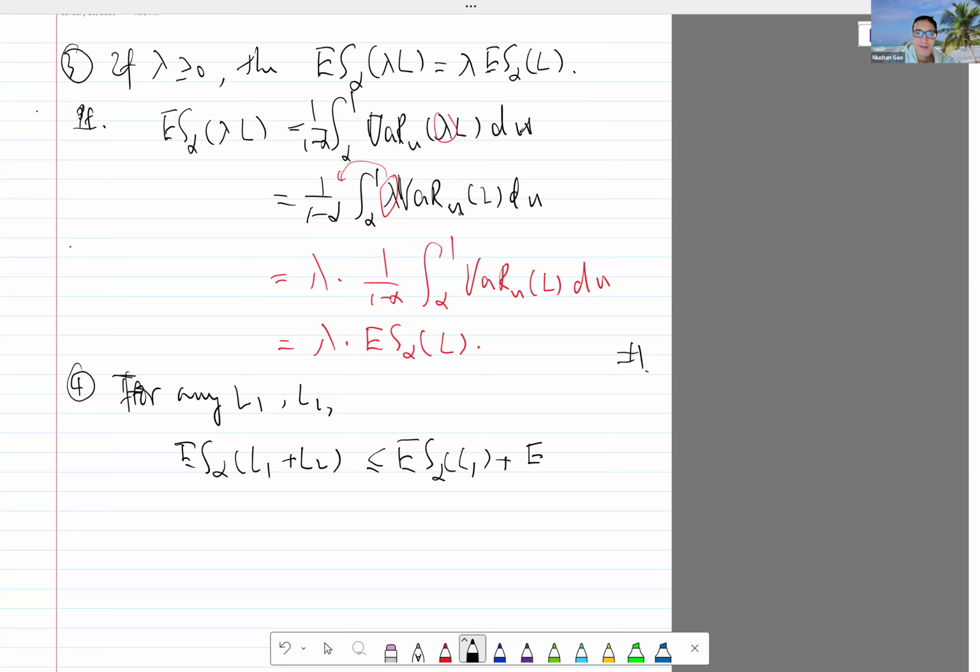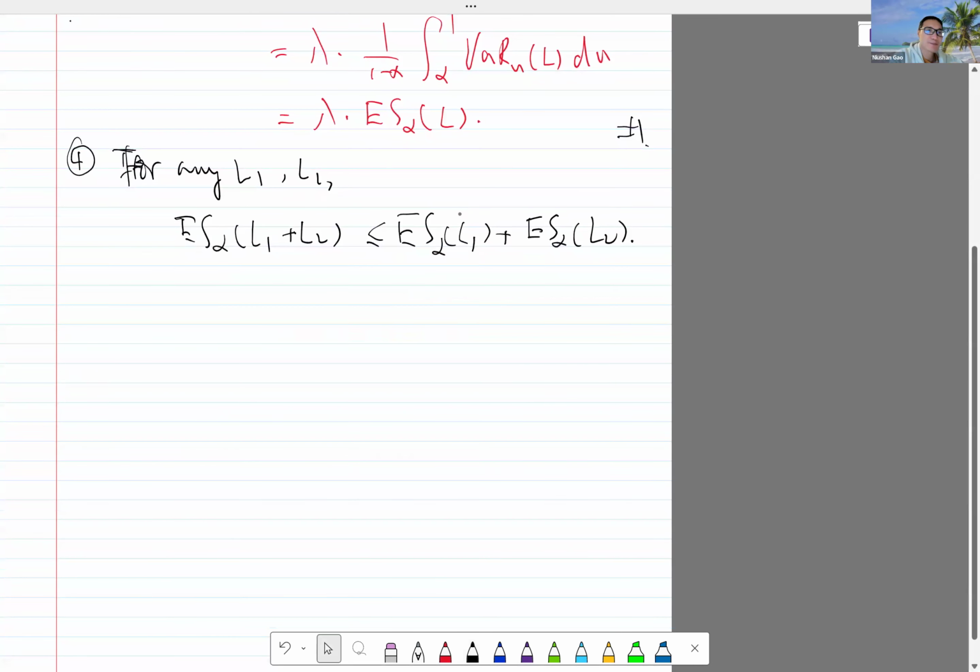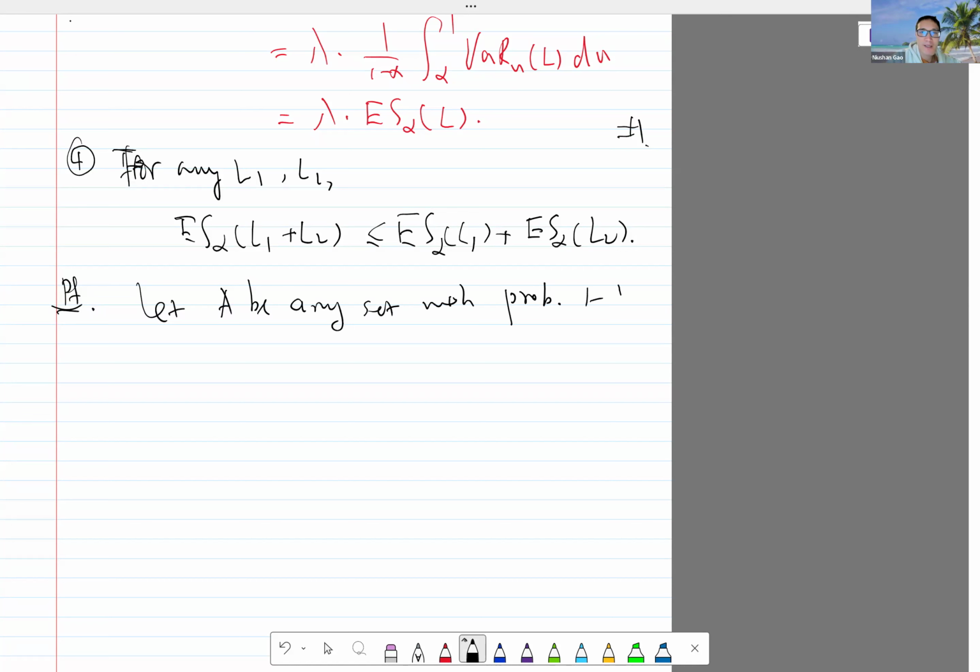And let's prove it by theorem. I can do this one. Let A be any set with probability 1 minus alpha.